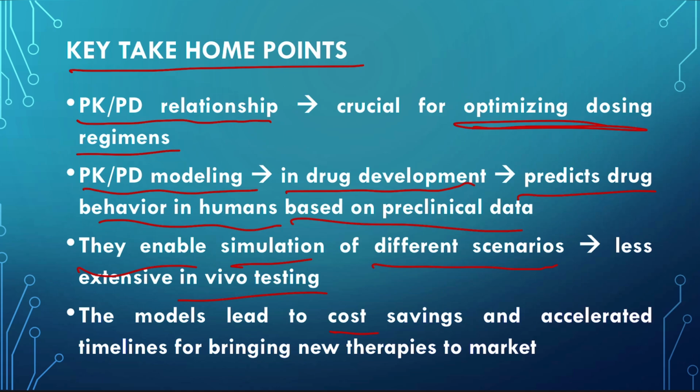It can be development of antibacterials, or other drugs for different diseases. So in this way PKPD modeling is very advantageous, and it helps in cutting short the price of drug development and also the time required for it.